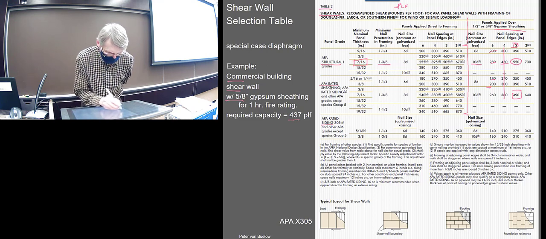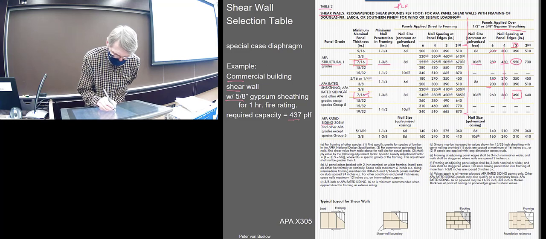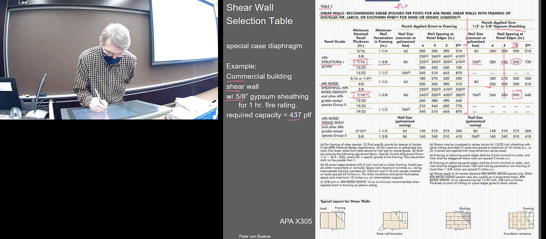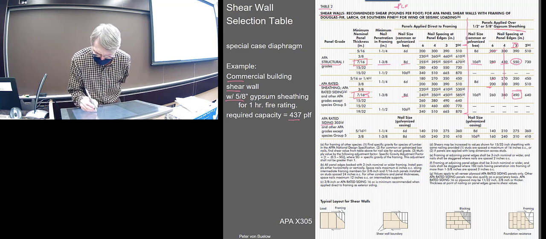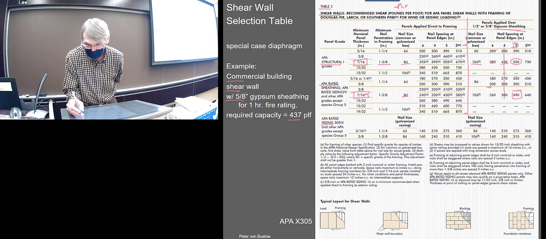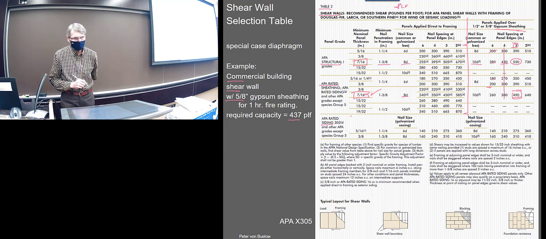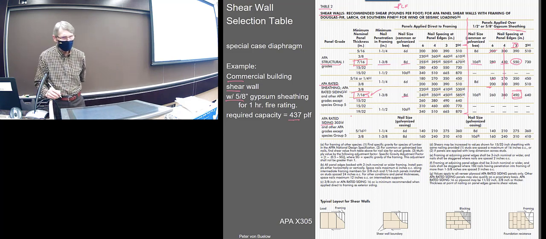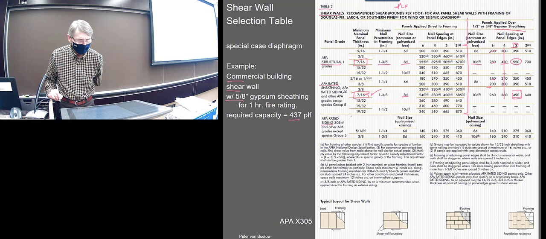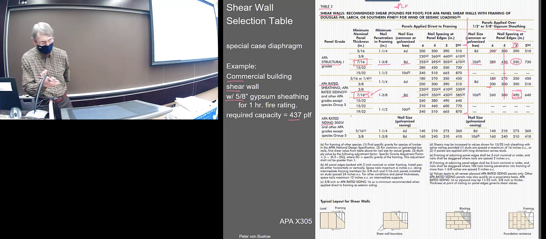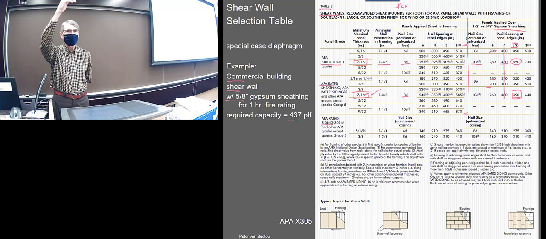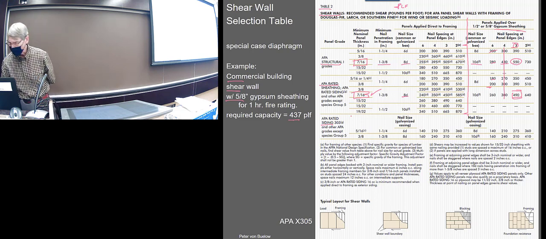If I wanted to do it with rated sheathing, well, actually, that's the same thickness, and it's also the same nails. Wow. It's quite a bit weaker, but in my case, it would be strong enough. So that would definitely probably be the better choice. The rated sheathing would be less expensive than the structural. Okay, so you can see how you pick it out. You're normally just going down the list and picking it out of the table.